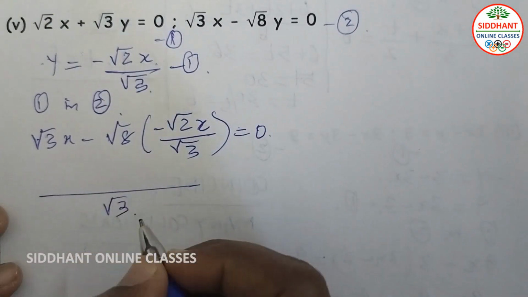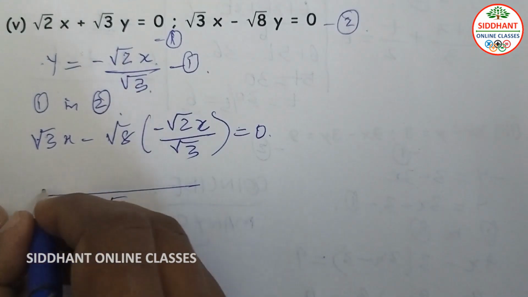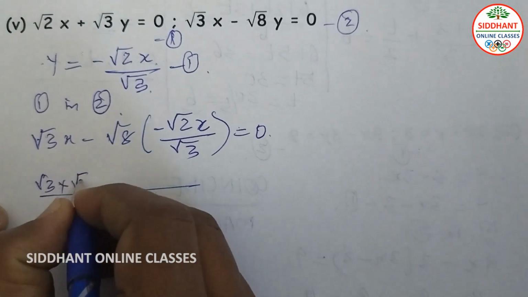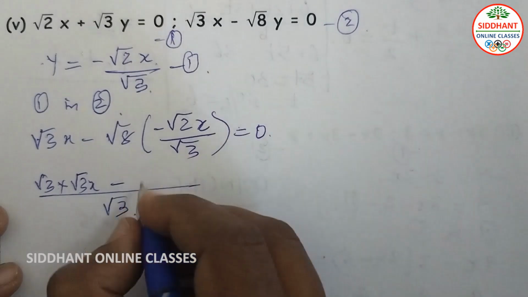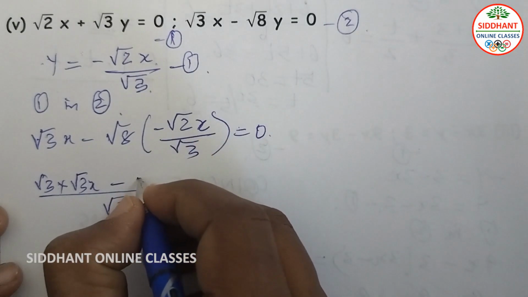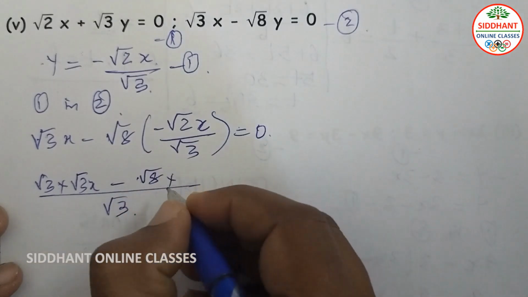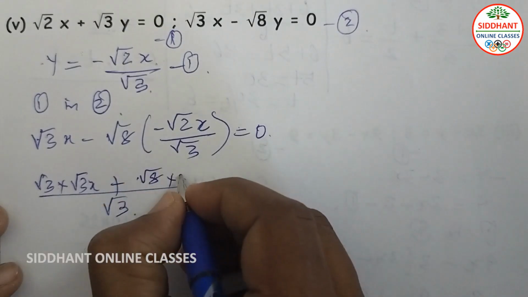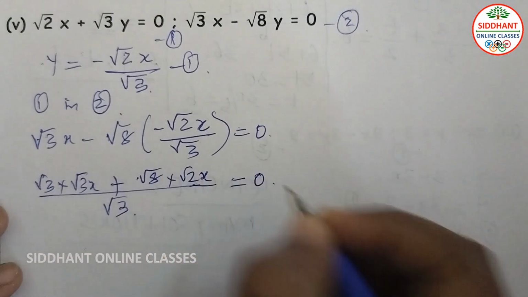So root 3 into root 3x, we are going to see root 3 into root 3x here minus, now root 2 into, minus plus here root 2 into root 2x here. So that will be equal to 0.